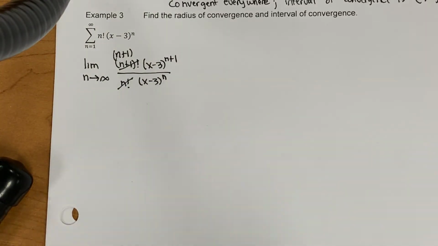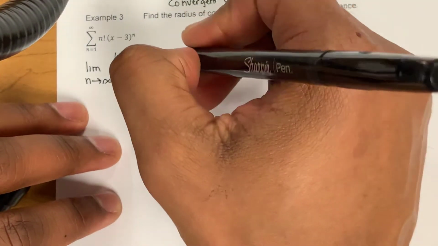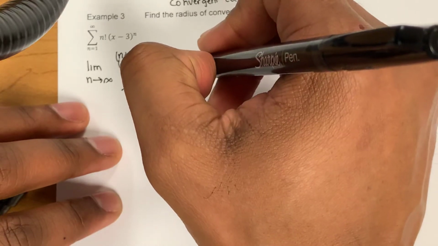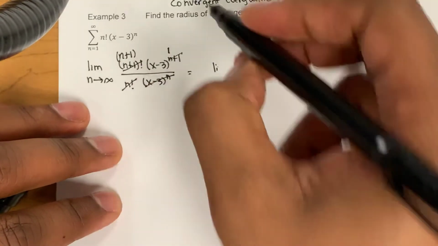And then the x minus 3 to the n plus 1 divided by x to the n completely cancels, and we're left with an exponent of 1. And so we just end up with x minus 3.